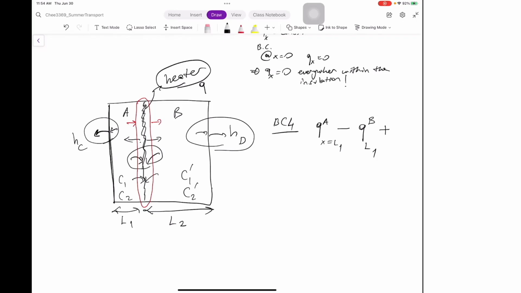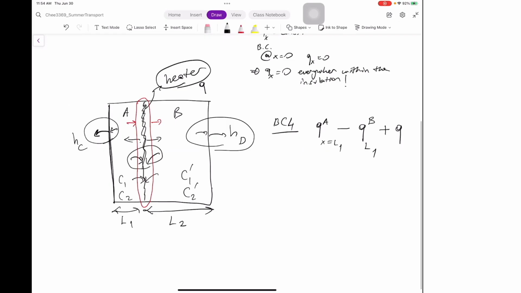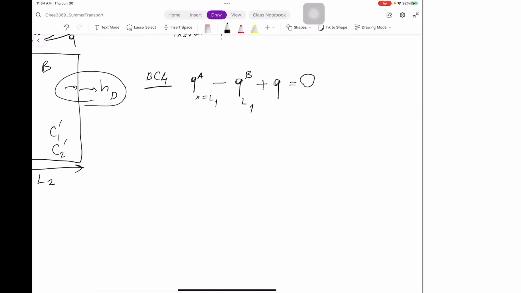Plus the generation term for the heater, Q. If you divide all by areas, you just get this one, must be equal to this. So you can say that my fourth boundary condition must be Q is equal to the difference between the QB and the QA at X equal to L1. So that would be my fourth boundary condition.